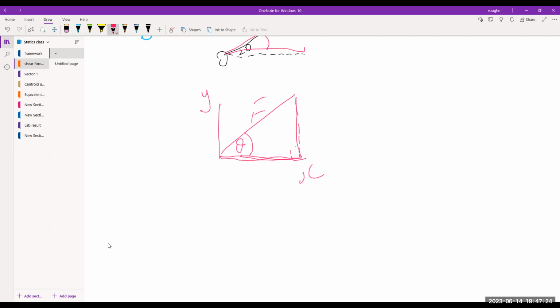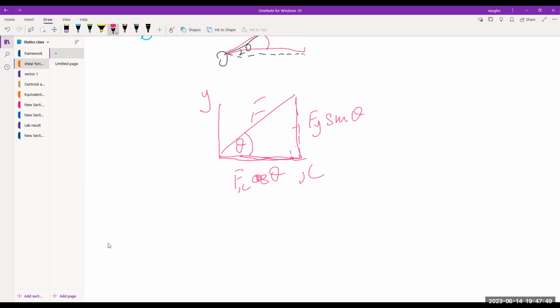This is a right angle triangle. Once the angle is here, this side is the opposite side. So this component is always going to be Fy, F sine theta, while this one is a cos, which is on the adjacent side. So it's going to be Fx, F cos theta.